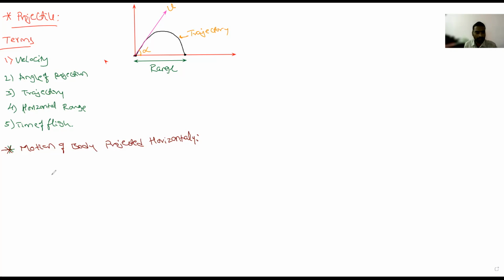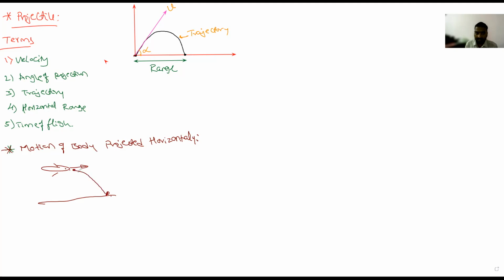Think that an aeroplane is moving in the air, and there is a target point on the ground. The aeroplane is moving like this. At this point, he will throw a bomb, which will come and attack the target point.